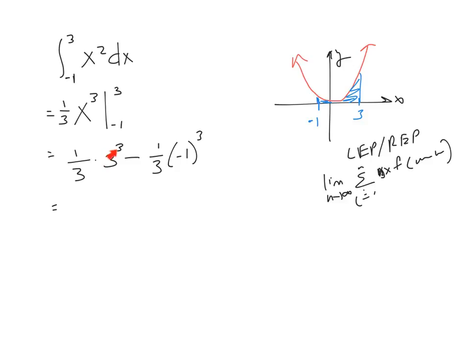Here, this is 27 divided by 3, which is 9. And this turns out to be plus 1/3. So we get 9 and 1/3, or 28/3, as the exact area between -1 and 3, and between y equals x squared and the x-axis.